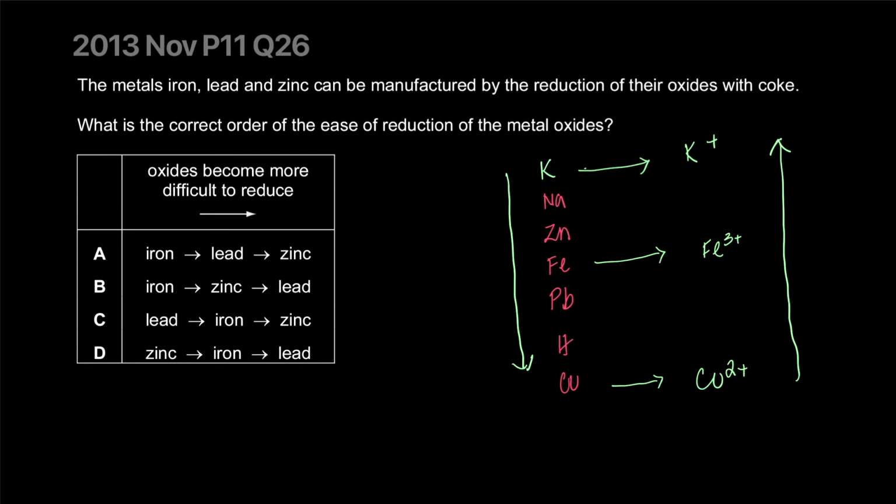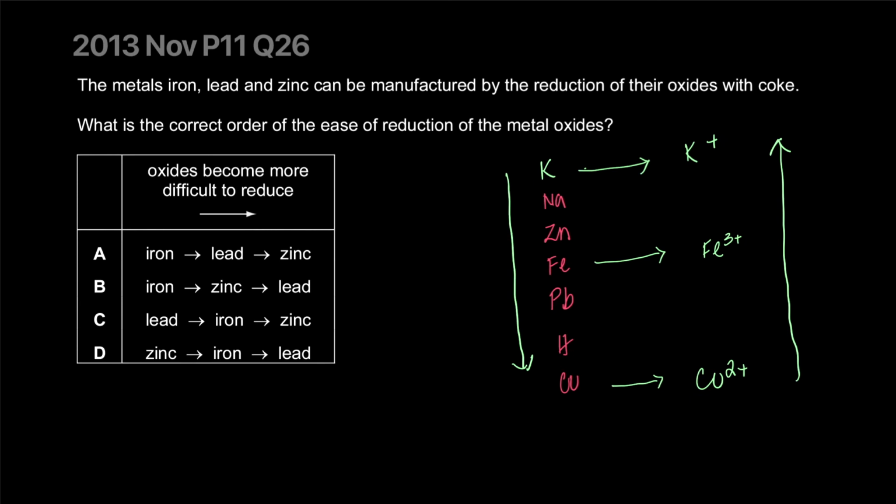So what I'm trying to say is, between potassium and copper, which is more likely to turn back into a metal? Well, it's copper, right? Because the potassium ion is very stable and calm. Would it want to go into a very reactive state again, compared to something that can easily go to a less reactive state? Compared to potassium, copper is less reactive. Anyway, I hope this makes sense.